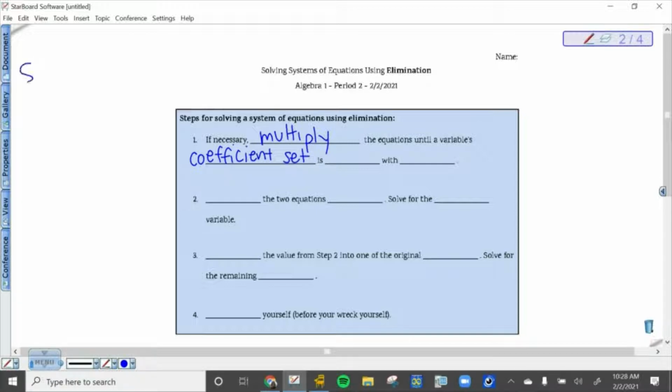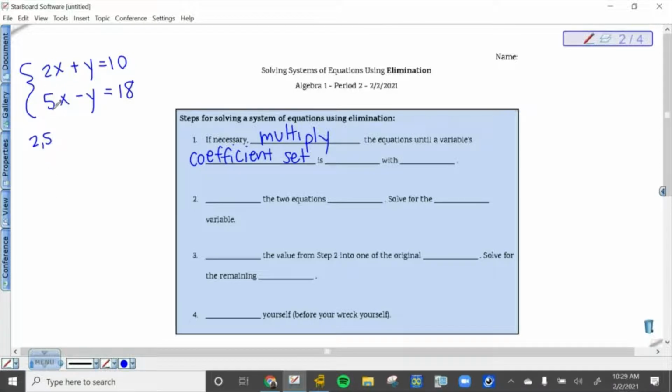So for this system, 2x plus y equals 10 and 5x minus y equals 18, the coefficient set of x would be 2 and 5.